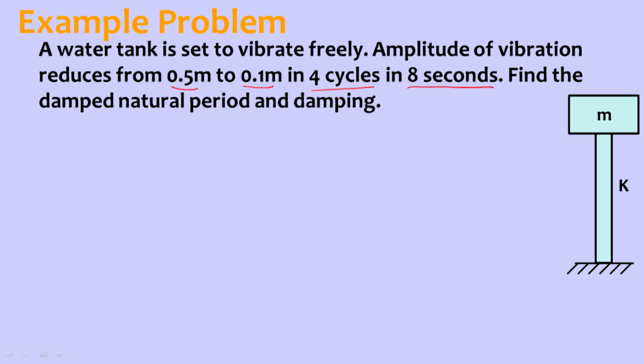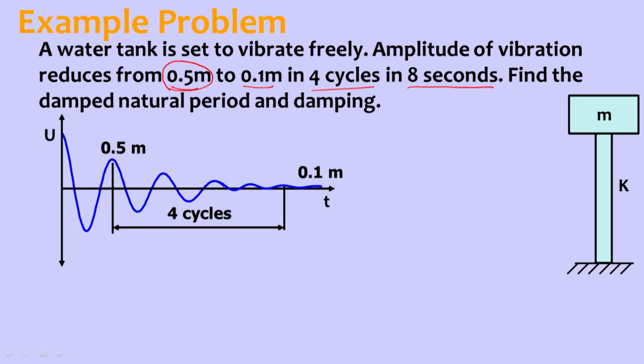Now if we see this picture, this is the static equilibrium position, and for setting the system into vibration we need to give an initial displacement or initial velocity. In this example, we are giving an initial displacement to the system. So 0.5 is the initial displacement, and after 4 cycles the displacement amplitude is coming to 0.1. That means damping is present in the system.